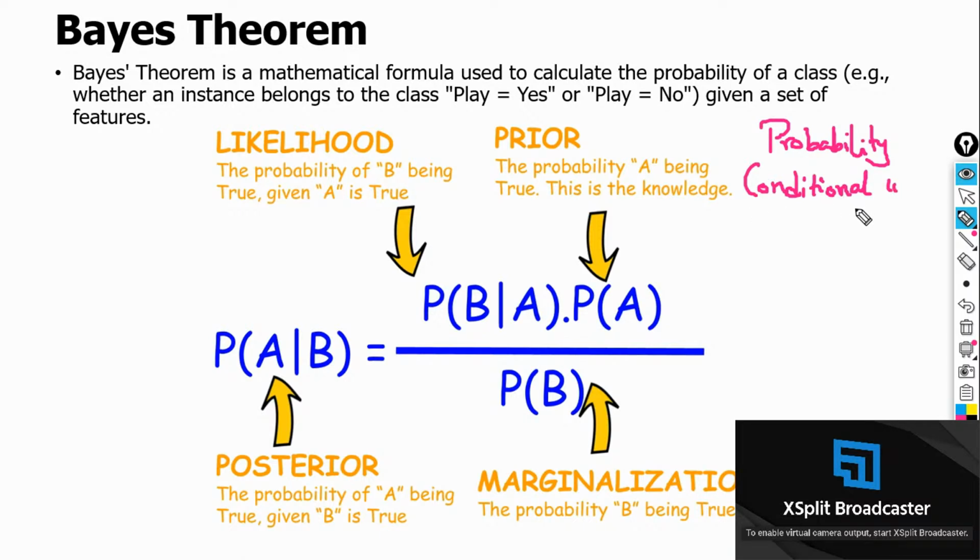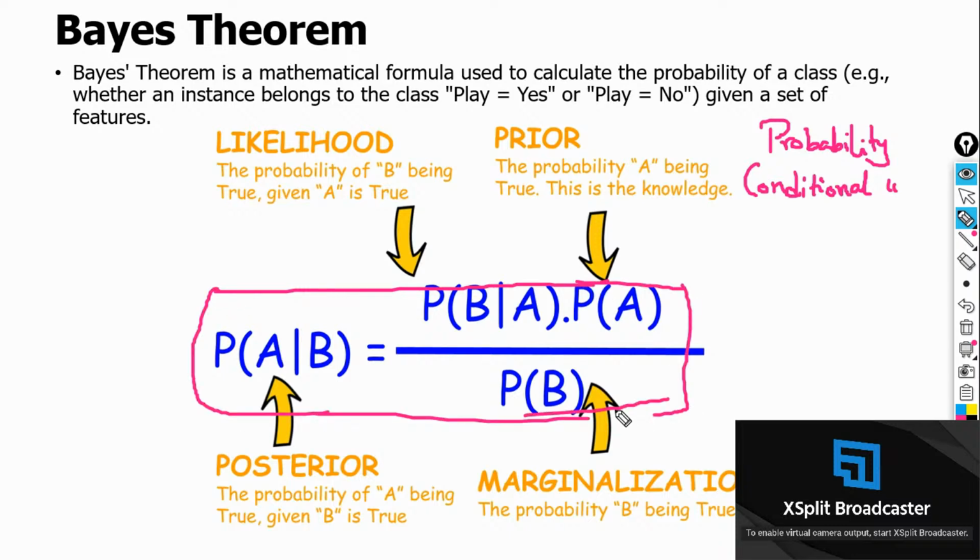Using conditional probability, we are going to achieve this formula. So this represents Bayes' theorem, friends. It is generally used to calculate the probability of a class, whether an instance belongs to a particular class or not. That's it. How we are going to achieve this formula, we'll understand.